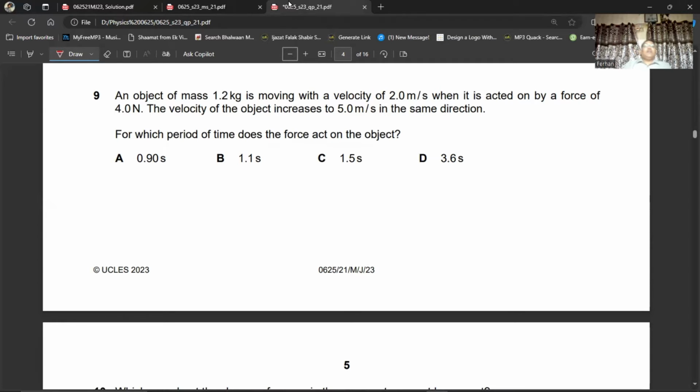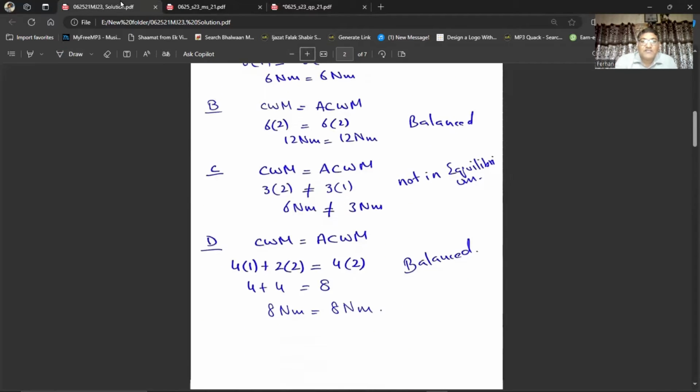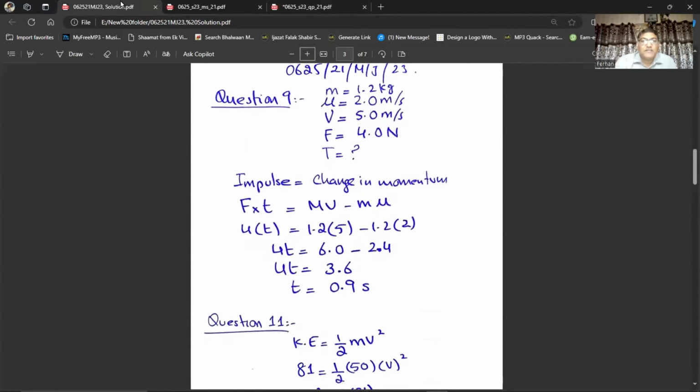We know the force, the initial velocity, the final velocity and the mass of the body, and we want to find the time period. The impulse is equal to force multiply time, and impulse is equal to change in momentum. So force multiply time is equal to change in momentum. We will apply that formula, and from there I can calculate the time.